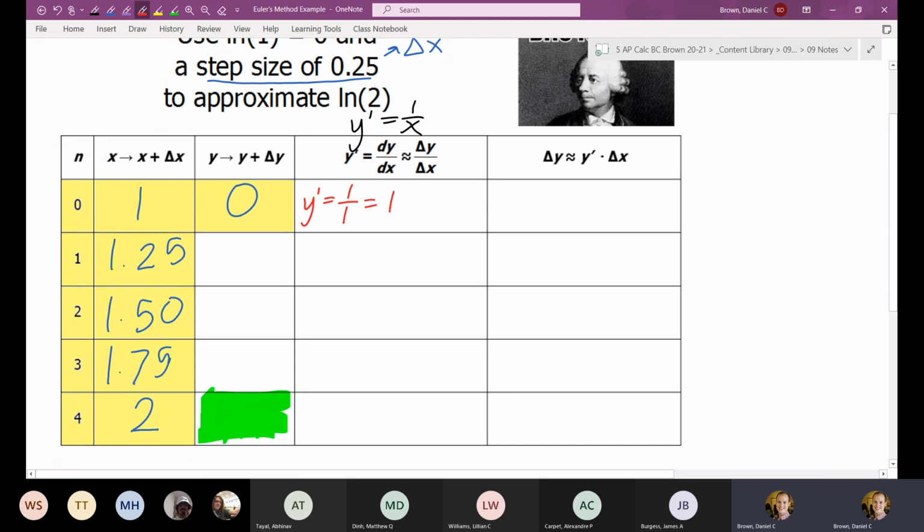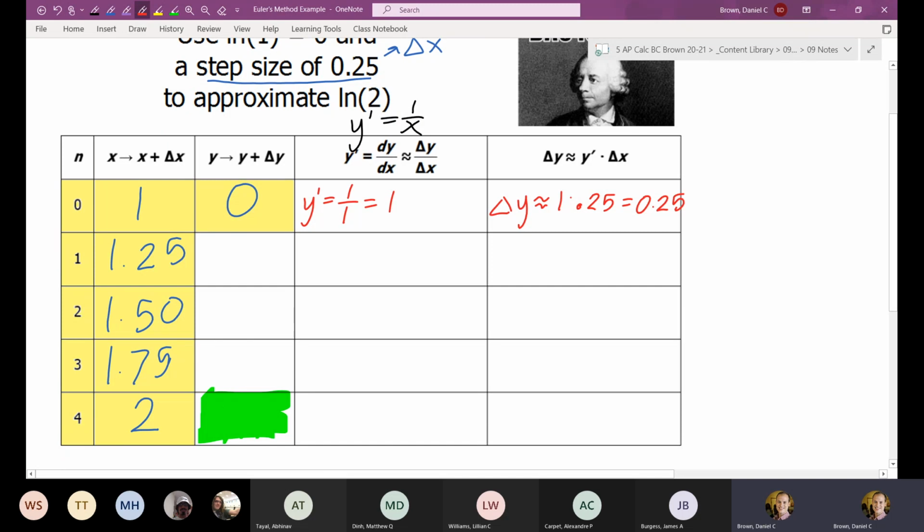And then I'm going to use that to help me find my delta y. So delta y is approximately my y prime, which was 1, times my delta x, which is 0.25, which is just 0.25.